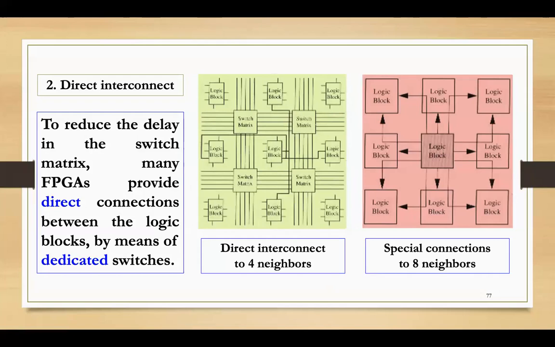If a signal has to pass through the corners, it passes through this logic block, which helps, and one of the outputs is taken and given here as input to this logic block. So you can see it can accommodate 5, 6, 7, 8 neighbors, 8 neighbors with the help of this kind of connection.